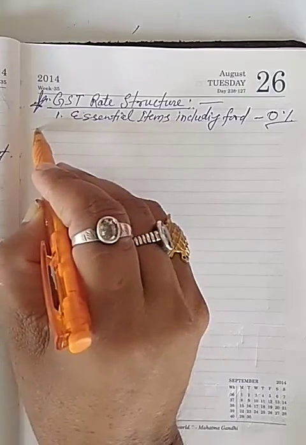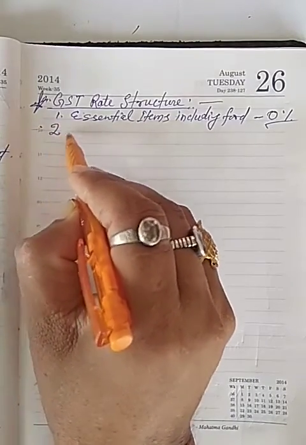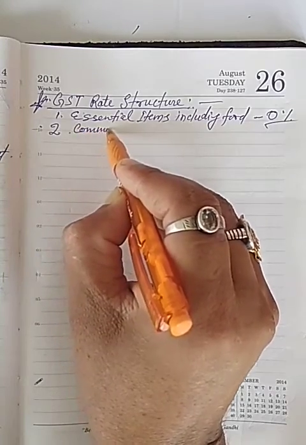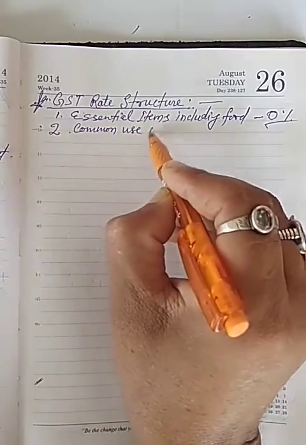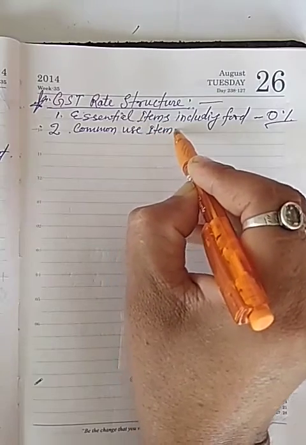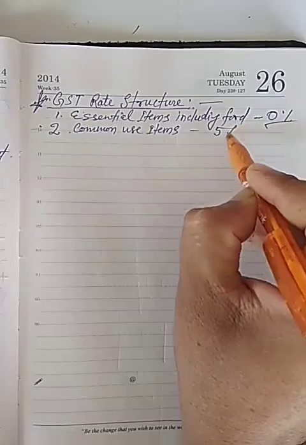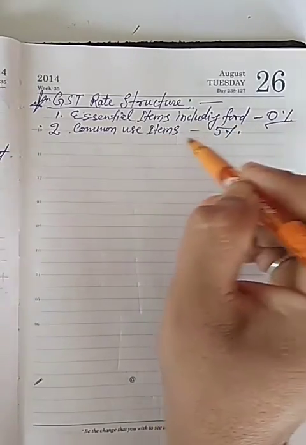Second is common use items, on which 5% GST is implemented.